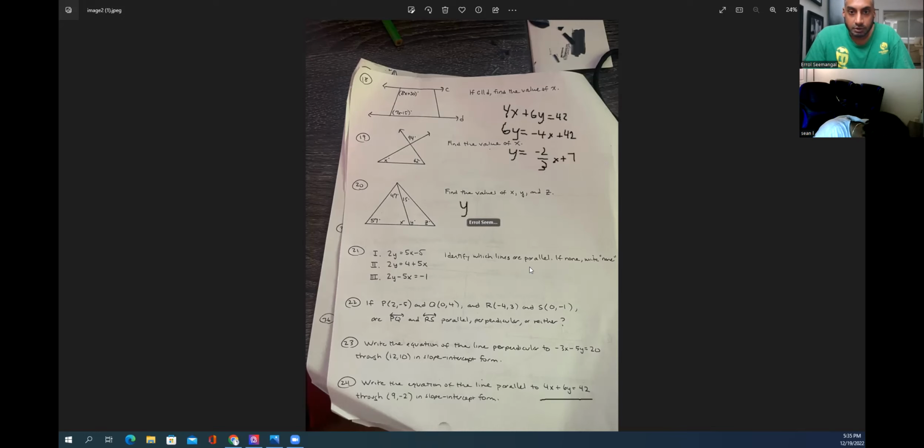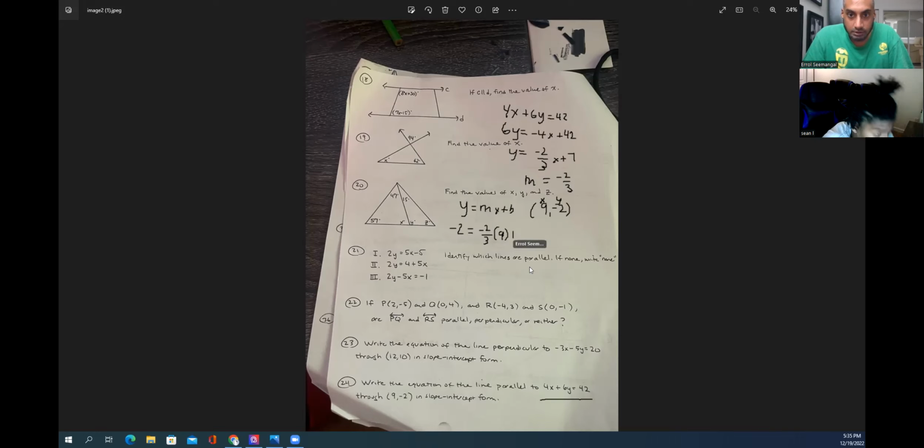On the standard form, we're just going to plug everything in, mx plus b. It goes through 9, negative 2. So we're going to substitute in the x, the y, and the m. We know that m equals negative 2/3. So y equals negative 2, m equals negative 2/3, x equals 9, and b is just b.